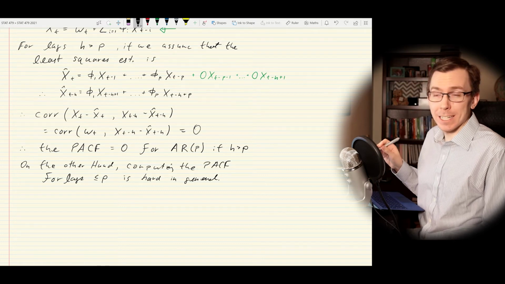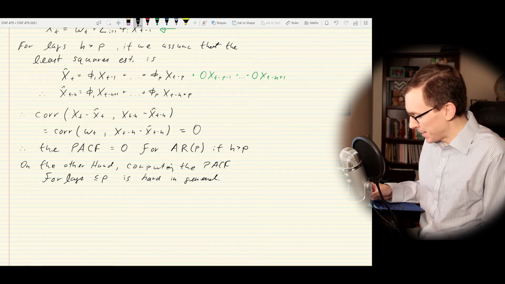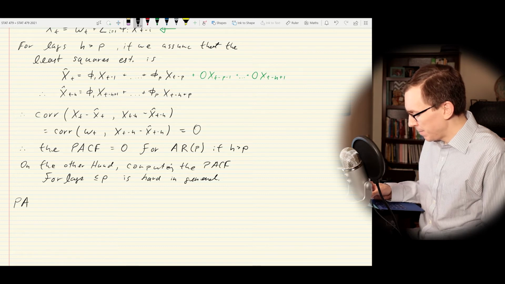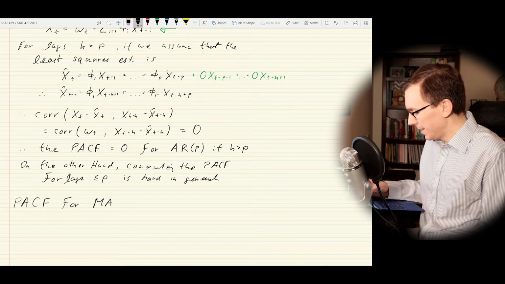What I care about is being able to use the PACF to determine the order of the AR(p) process. And now, before we look at some examples, we should also see what happens when we take a PACF and apply it to an MA(q) process.